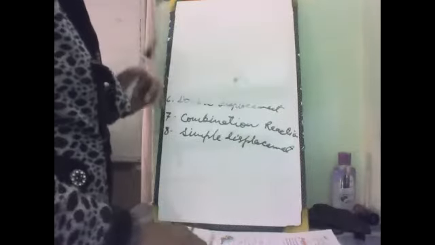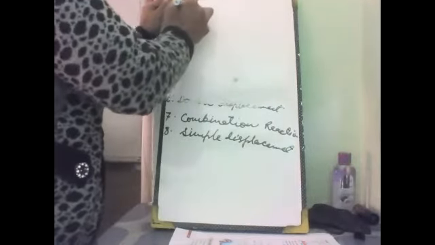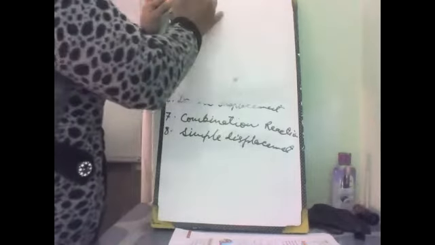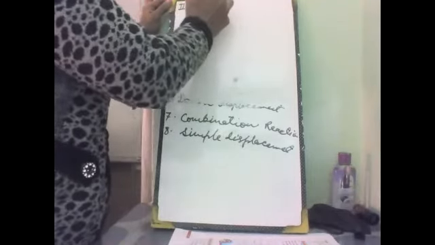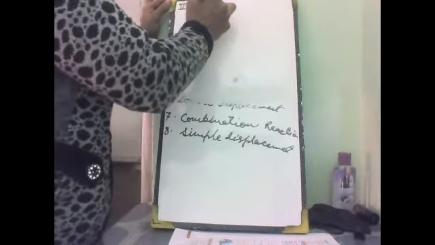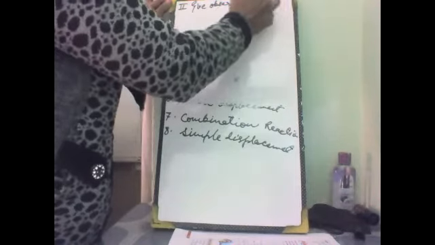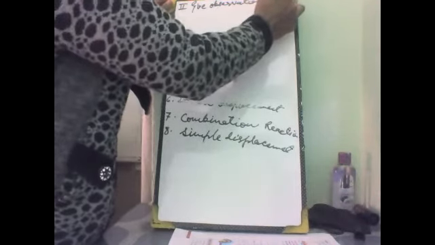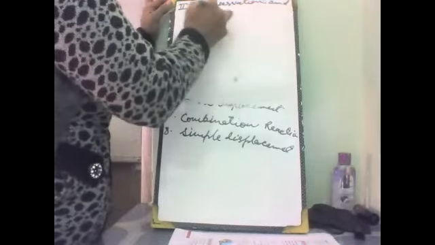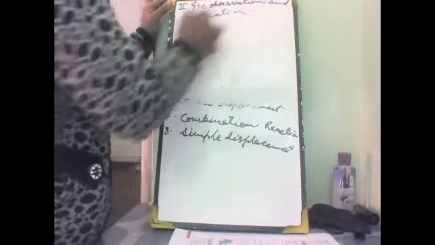Now the question number 2 of the worksheet. Give your observation and write the chemical equation for the following.